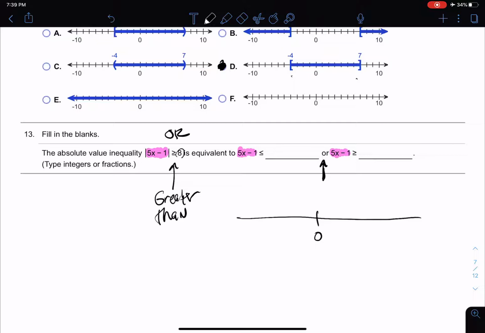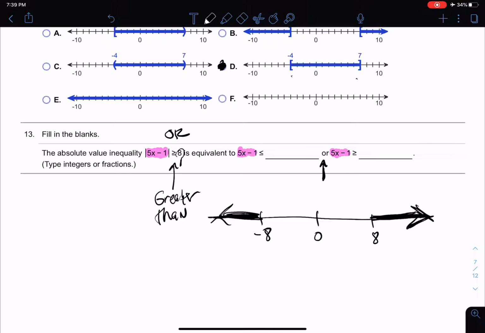Remember the picture I showed you with the OR problem, with the greater than problem? It had a positive value here, like 8. I'm using 8 because of that 8. It had a negative value there. And remember, these absolute value of greater than symbols are going to be these OR problems that have these rays that shoot out.